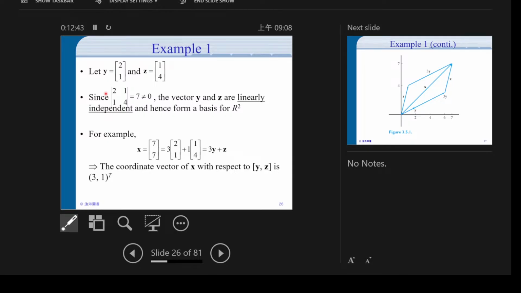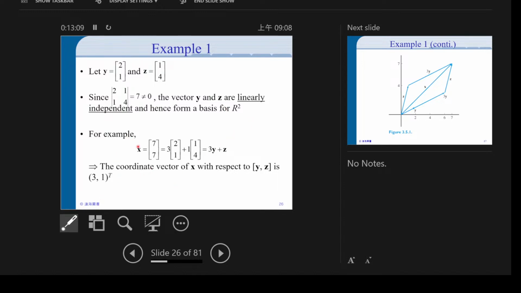There is an easy way to do this: you just calculate a determinant, because when you put those vectors into a matrix, they must form a square matrix. So you can check the dependency by calculating the determinant, and the determinant is not zero, so we know they are linearly independent. So this is a basis.